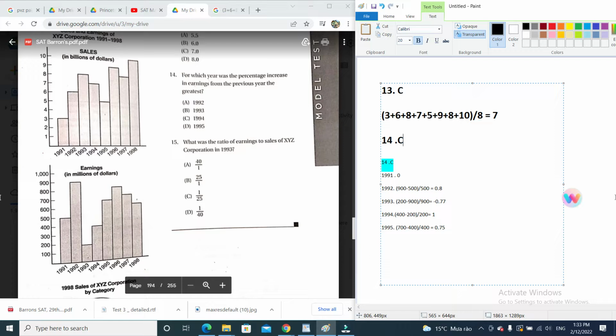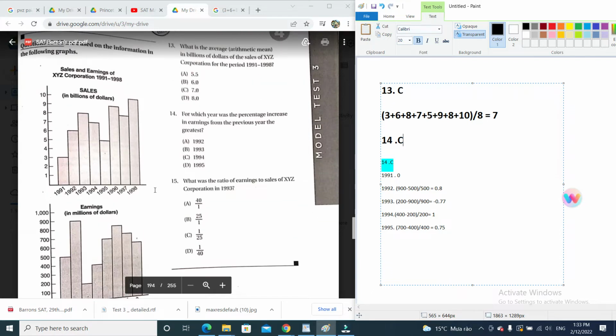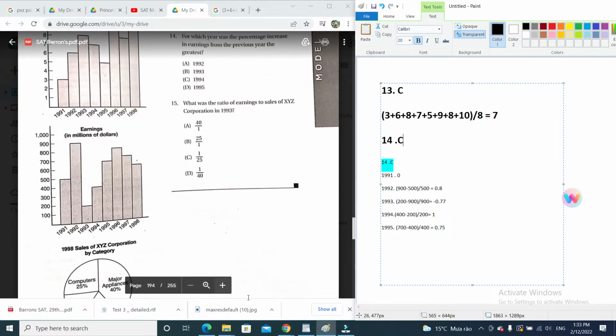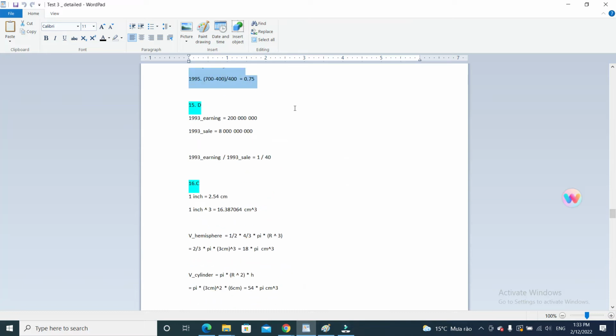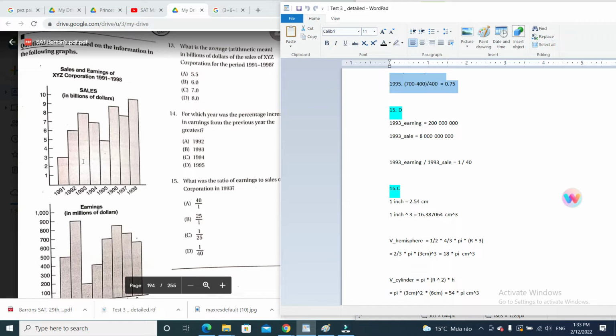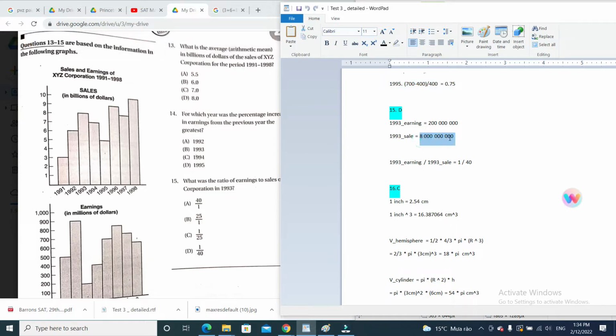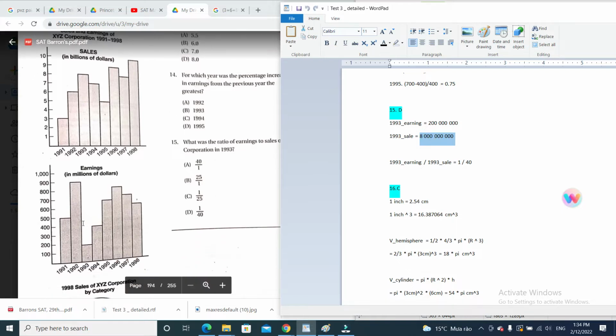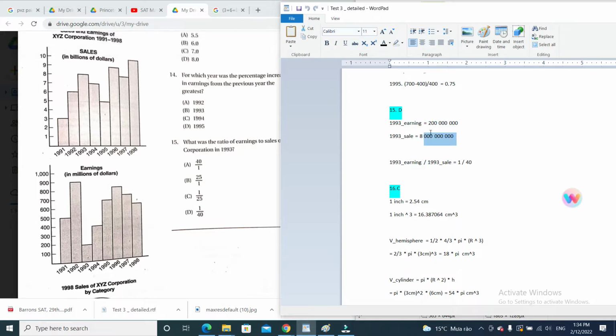Okay, for 15, what's the ratio of earnings to sales of XYZ in 93? You can see that in 1993 the sales were $8 billion, whereas the earnings were $200 million.